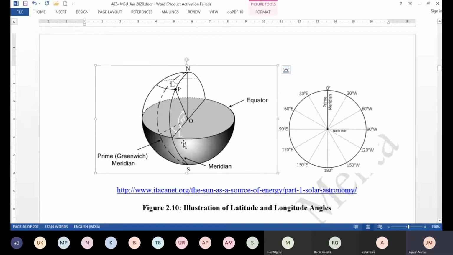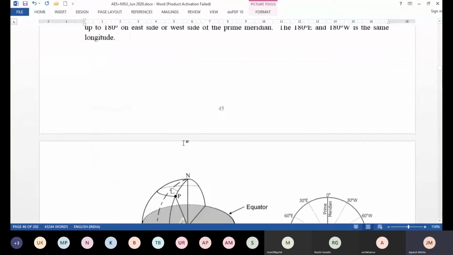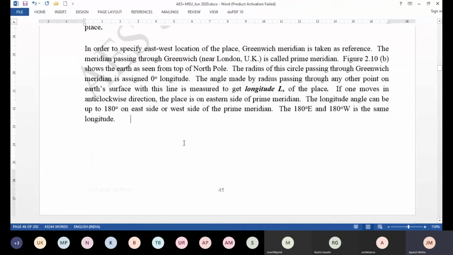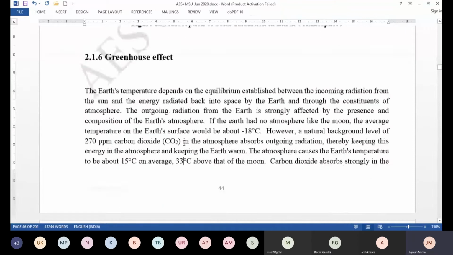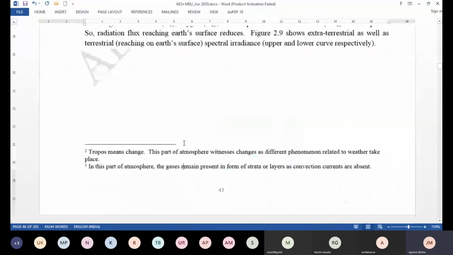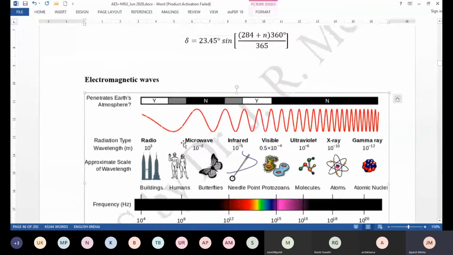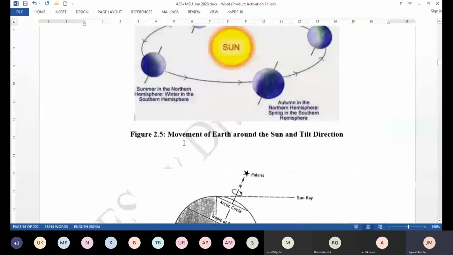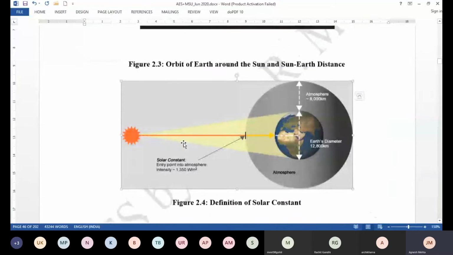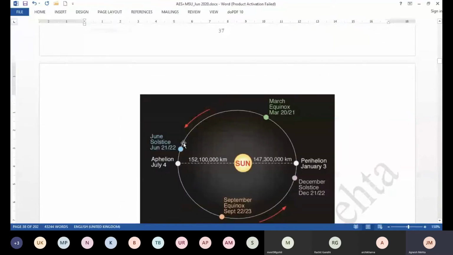So you have now understood the concept of longitude and latitude. Now, while we were discussing the rotation of the earth around the sun, I showed you this figure, right, showing aphelion and perihelion, and also showed equinoxes and solstices.